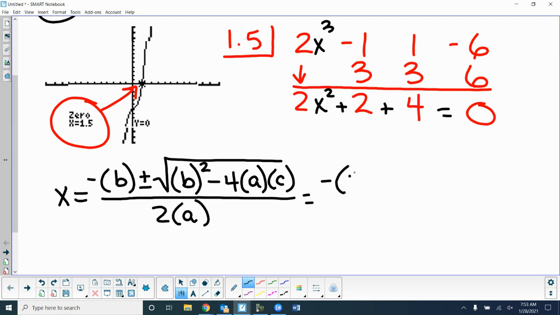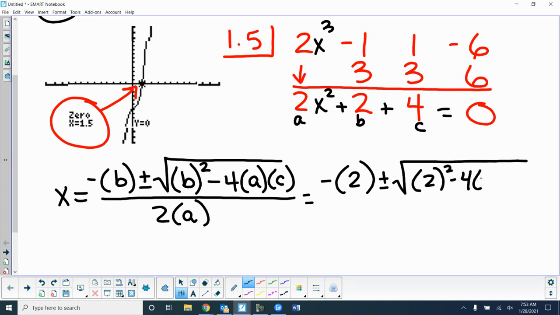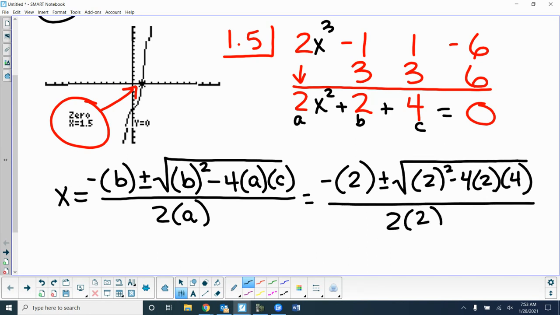So negative b, again, here's the a, here's the b, here's the c. Plus or minus the square root of b squared minus 4 times a times c, over 2a. You guys have done this before.